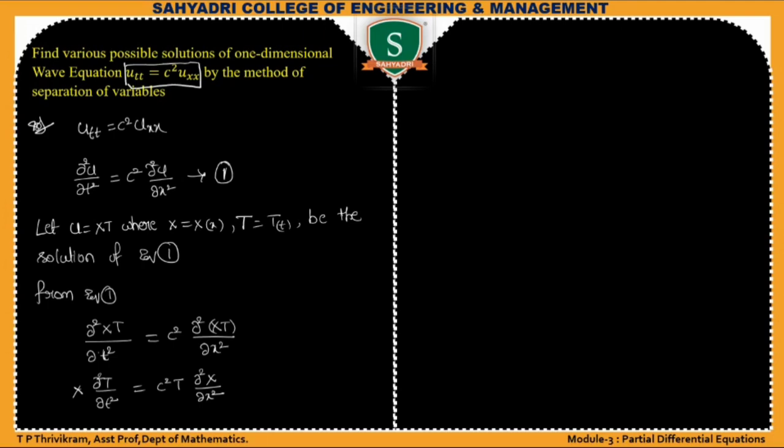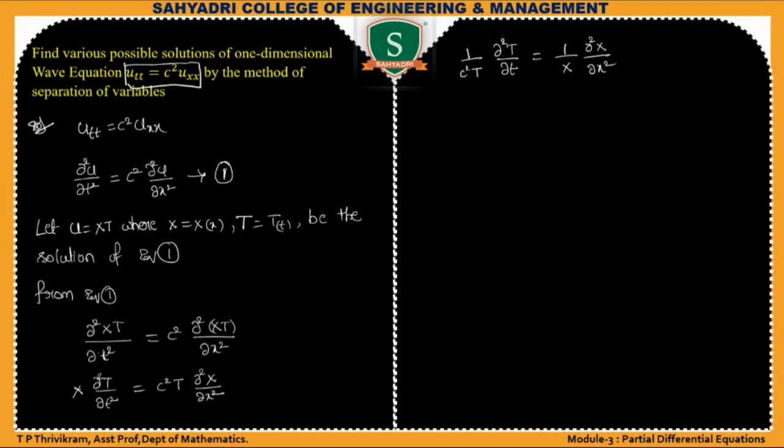So here I have taken 1 by c square T outside: 1 by c square T del square T by del t square is equal to 1 by X del square X by del x square, which I have taken.